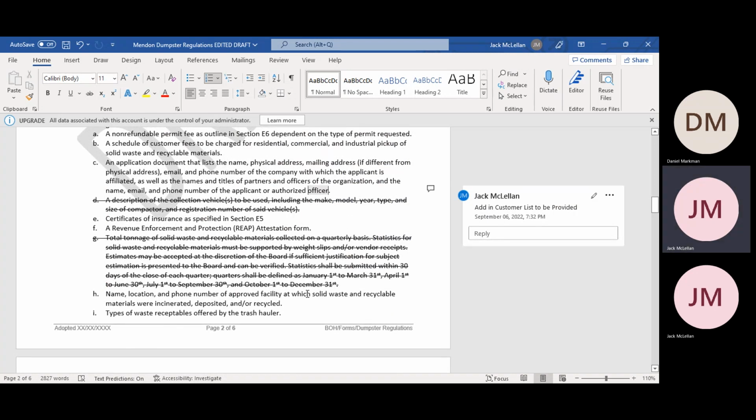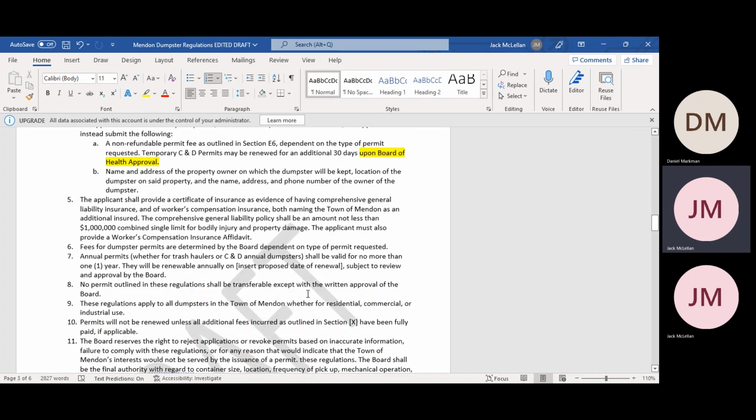Just a question, are we advancing, or is there gonna be an opportunity for us to respond back to any of the previous numbers? Yeah, we can go back. I'm hoping to get all the way through it. Jack's trying to make some of these changes on the fly as we go.